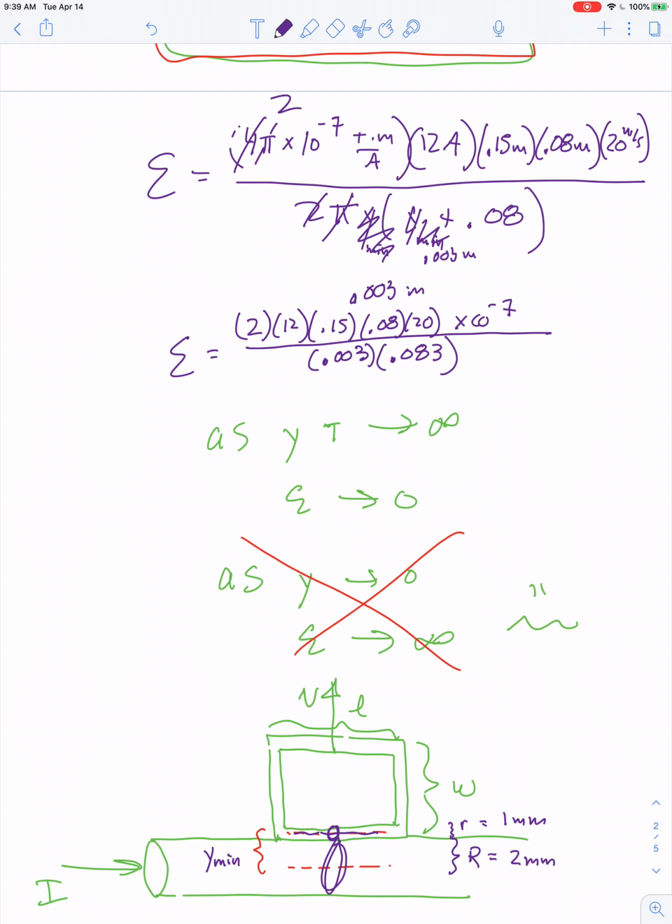Okay, grab a calculator, see what you get. So I got an EMF of 0.0023 volts. So this is not a very effective way of inducing voltage.